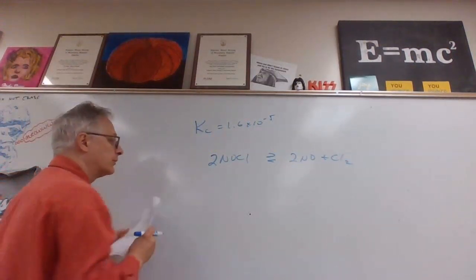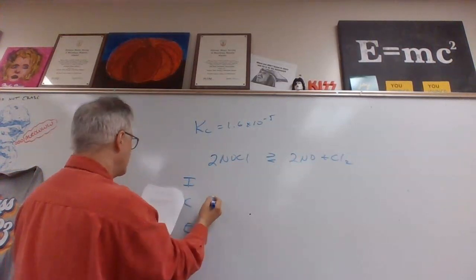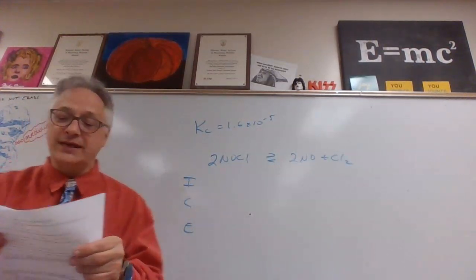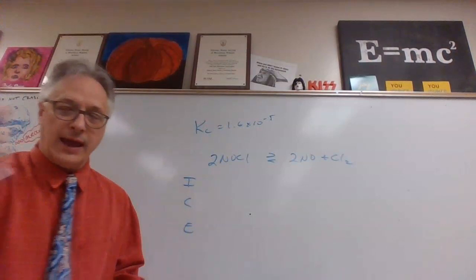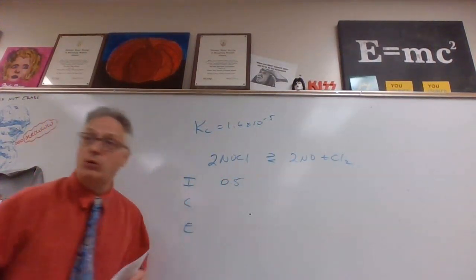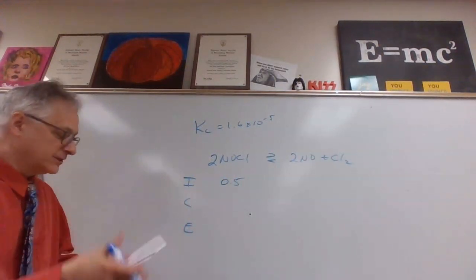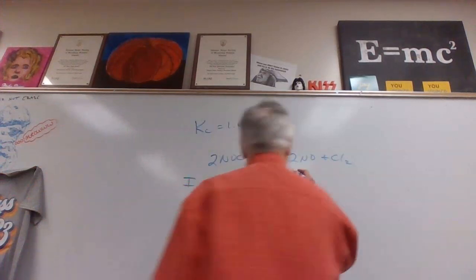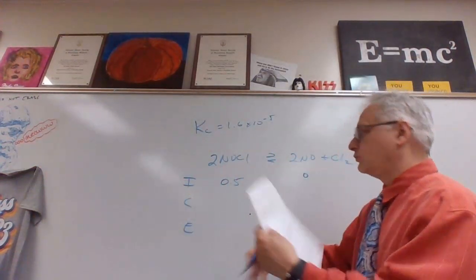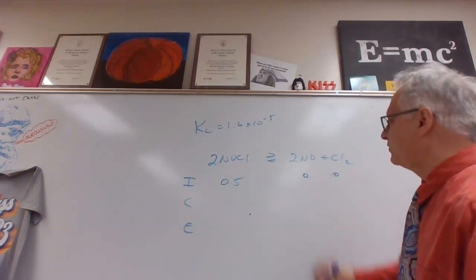So we're going to go I, C, E. My initial concentration, once again, I give you 1 mole in a 2 liter flask. So that's going to be a 0.5 molar solution. Well, these are all gases, so it's not really a solution. Well, it is a solution because gases can form perfect solutions as well. So 0 of that and 0 of that.